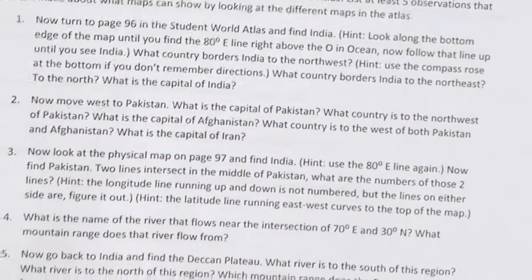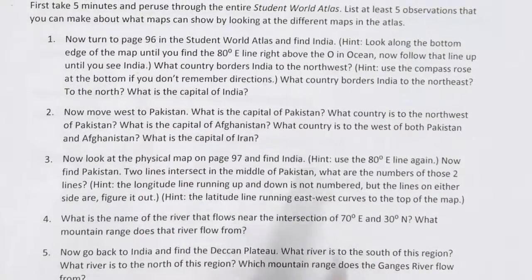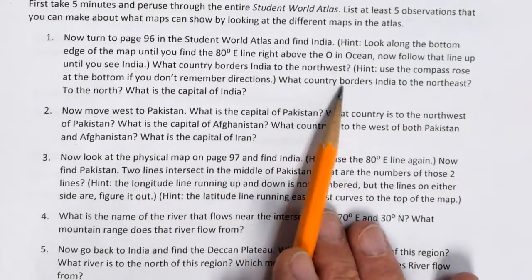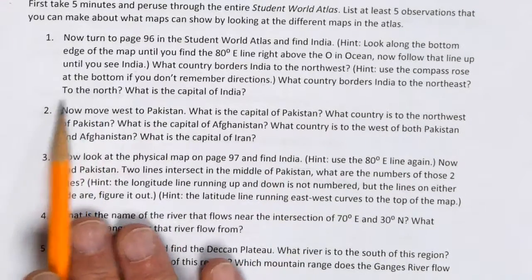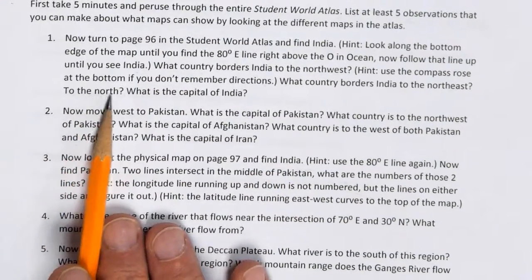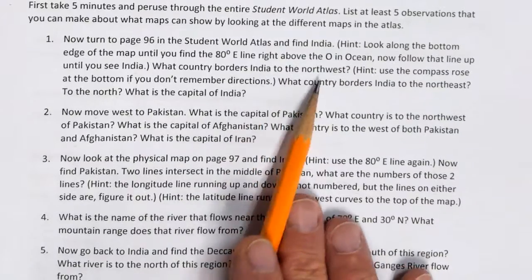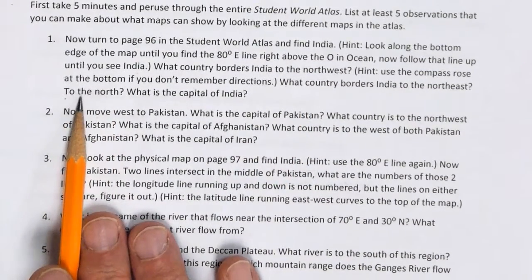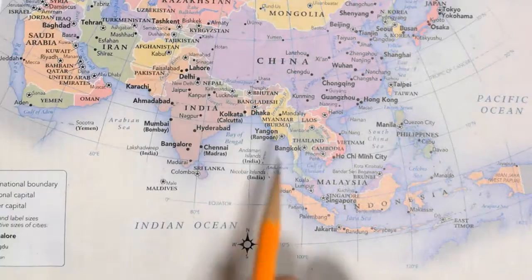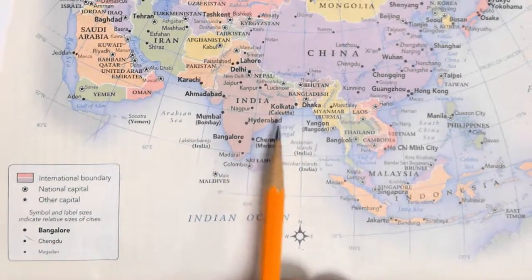All right, let's go back to our sheet. Number 1, what country borders India to the northeast? Nepal. To the north. Now, I didn't write out what country borders India to the north again because I just said it twice in a row. So now I'm just going to put to the north. That means I'm still talking about countries to the north. So I go back to India. North is straight up.